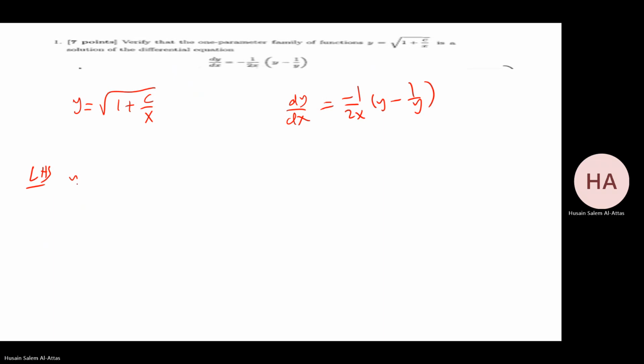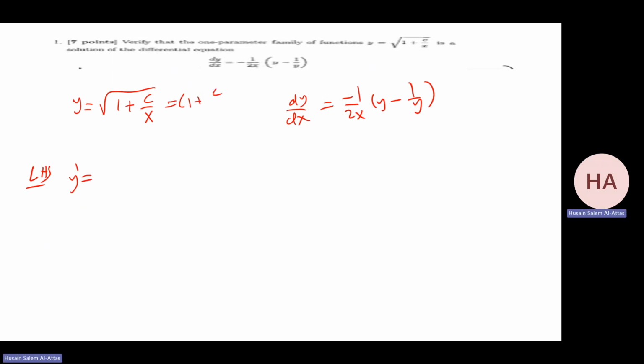Verify that the one parameter family of functions satisfy this equation. So just verify. 1 plus c over x. Let me rewrite it. And this is the equation, dy by dx equal minus y over 2x. What to do? Right side equal to left side. Left-hand side will be what? Will be y prime.